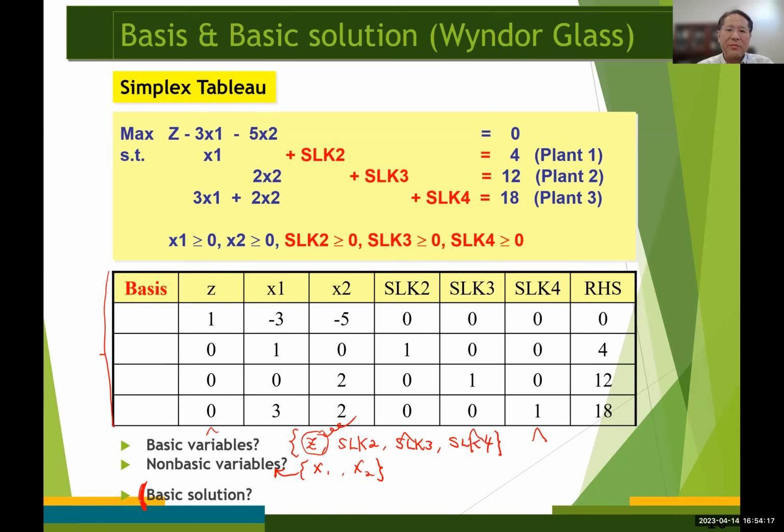Each simplex table provides only one basic solution, and this basic solution represents the corner point solutions. So here, what do we have as the basic solution according to this simplex table?